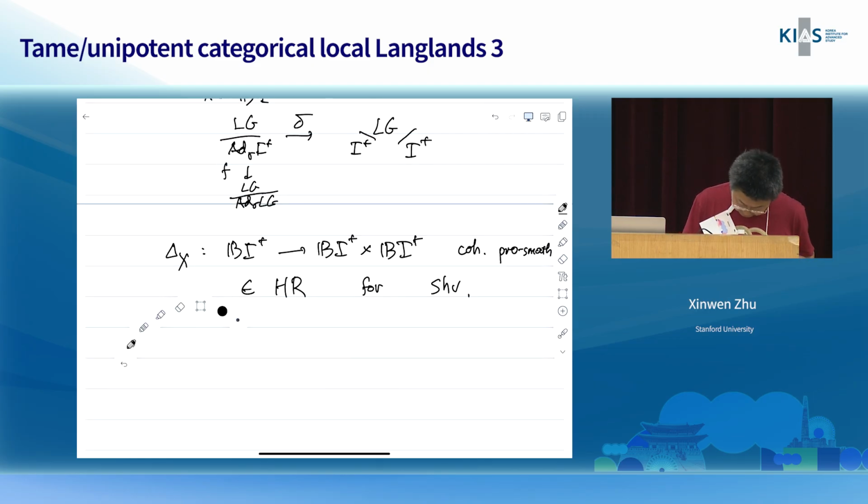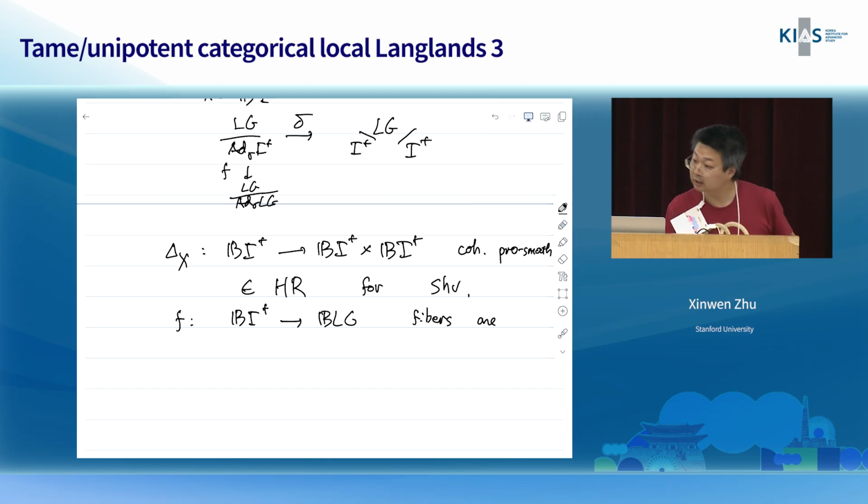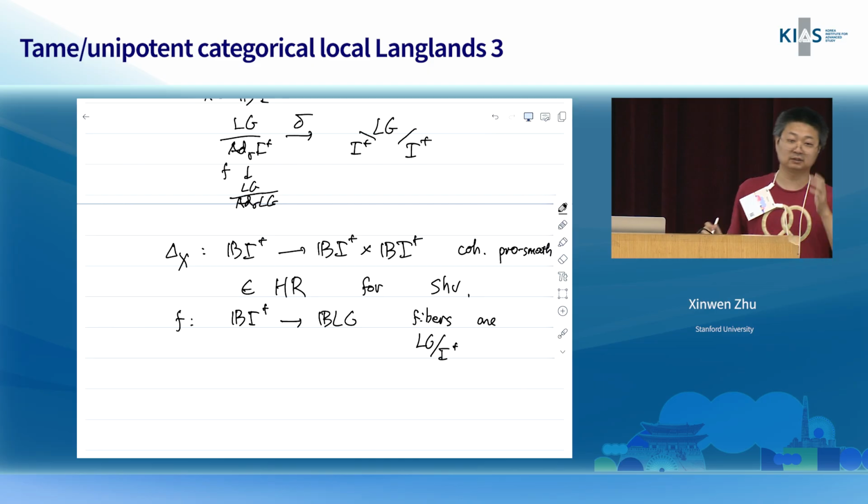On the other hand, if you consider f, it's going to be B of I plus going to B of LG. So the fibers look like LG mod I plus. But it turns out this is not proper.